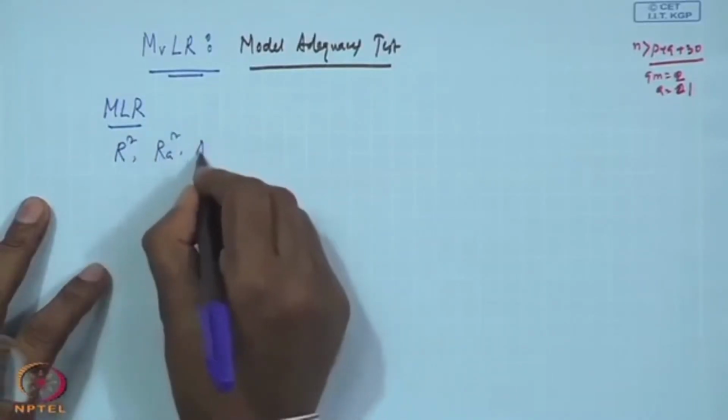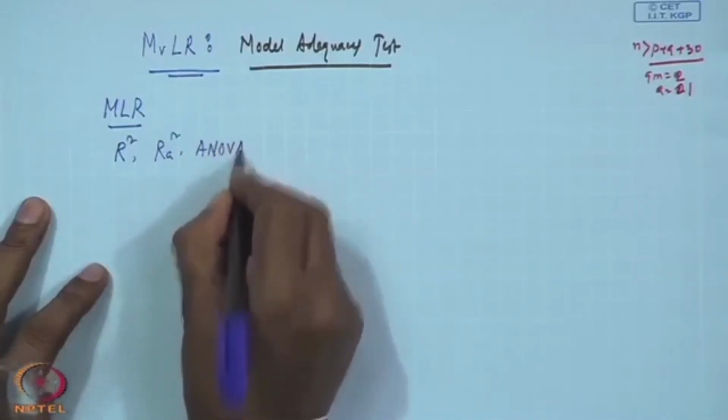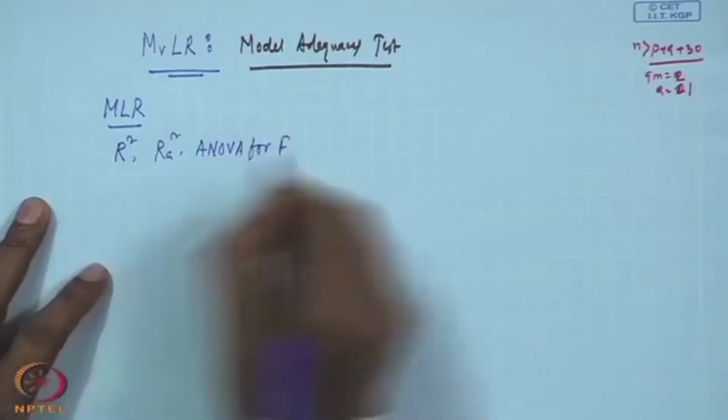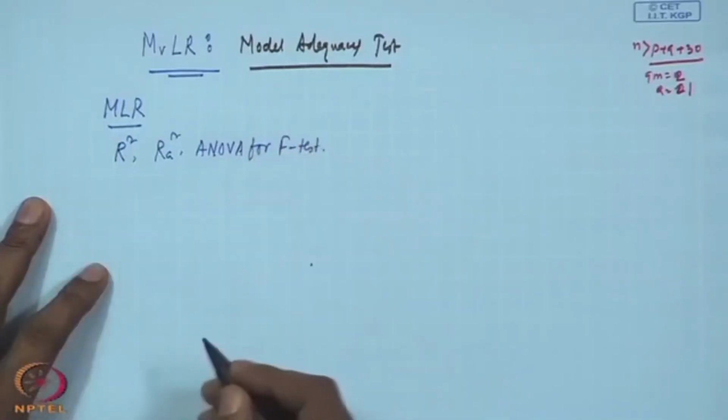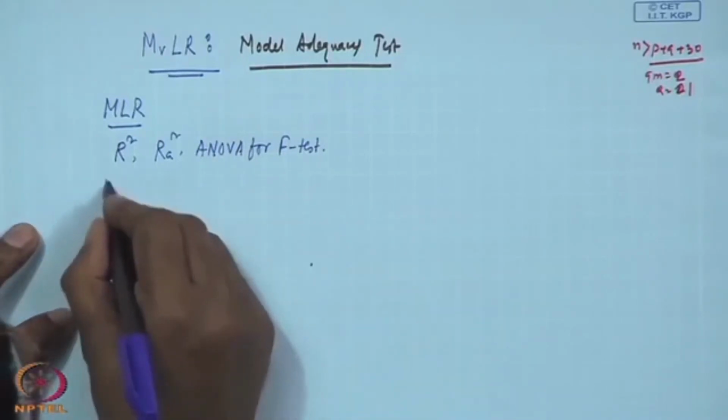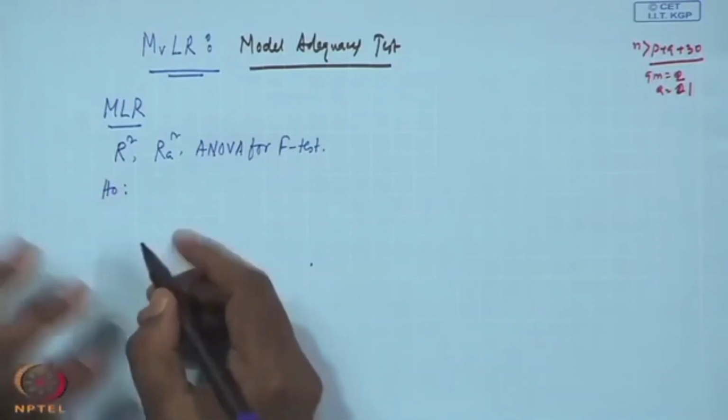We have also developed one table called ANOVA table for F test, correct? And what we have done, basically, we have set certain hypotheses.